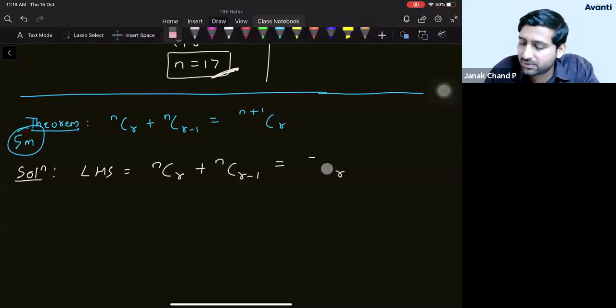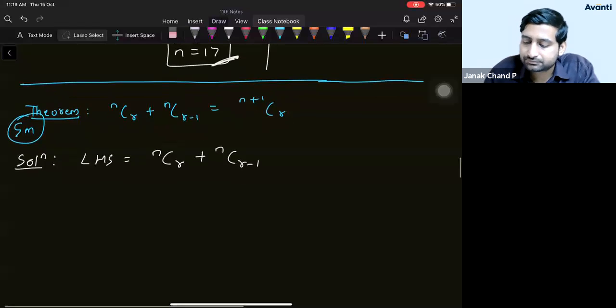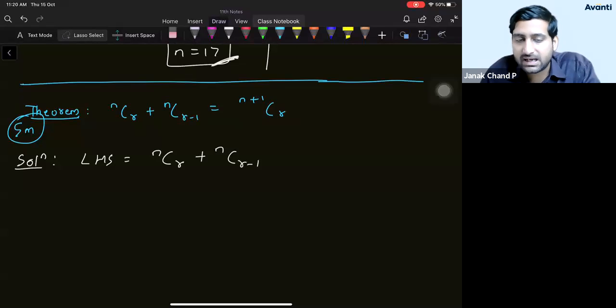Before we proceed any further, student, first correctly understand what this theorem is. Yes, Kirtan, very good. Yes, you can see this from the Pascal's triangle point of view also. What is meant by Pascal's triangle? Don't worry about that. We will learn that in the binomial theorem.